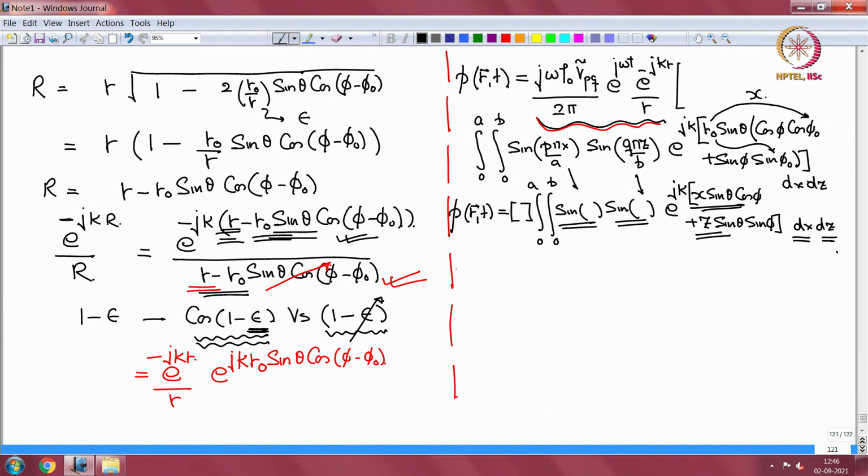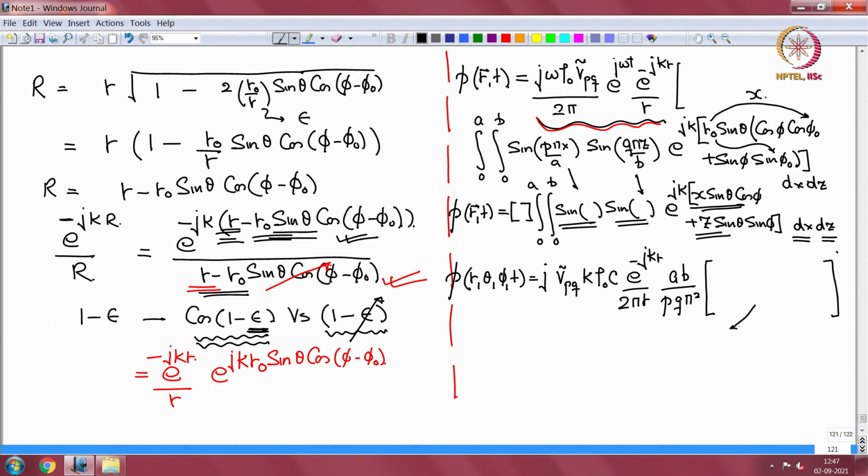The final result, okay, now I write as pressure at a certain scalar r theta phi time is given by j v tilde pq k rho 0 c e to the power of minus j k r over twice pi r, a b over p q pi squared, into a term now, which I am going to write here.